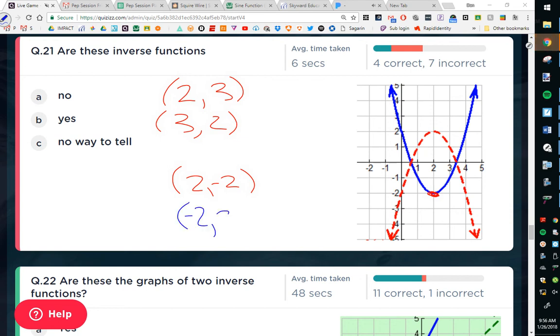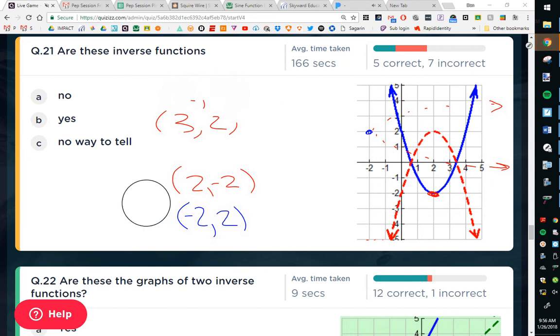Negative 2, 2, which means the vertex of the other parabola should be at negative 2, 2. It should be there. If that red dot was really the inverse, it would look there, and then the graph would look something like that instead of flip-flop like that. So just think, hey, if I took a point and I did flip them, would it match up? In that case, it would not.